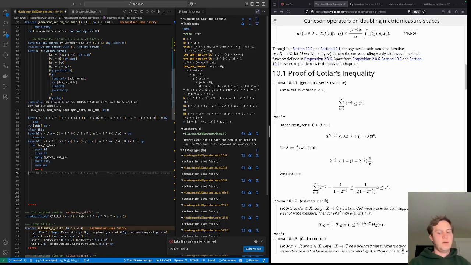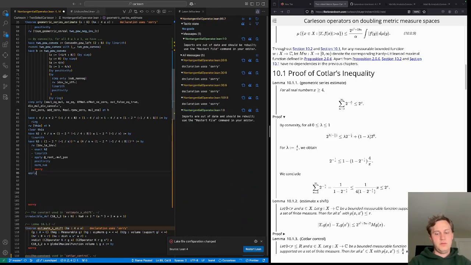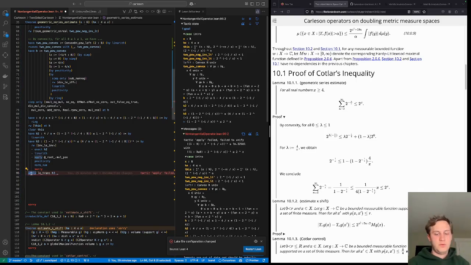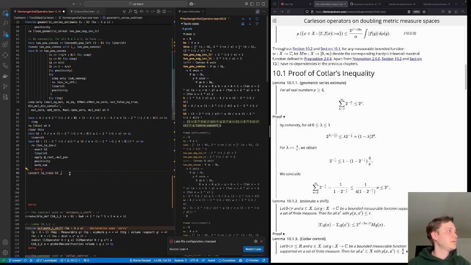So I think we're doing apply le_trans here, with H3 and something else that we don't know yet. Apply tactic failed. Failed to unify. Convert, perhaps? Yes. Oh, no, it doesn't work. Sorry, never mind.